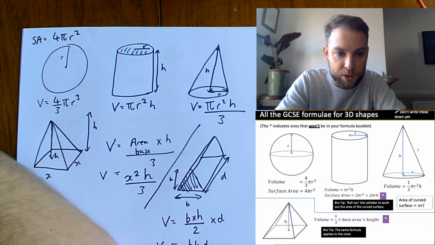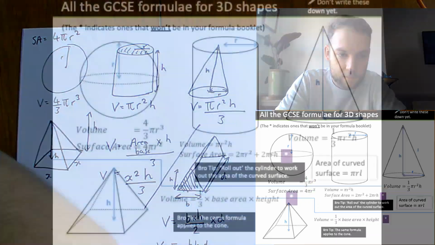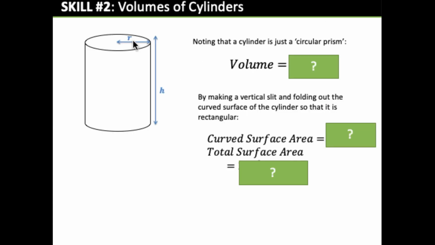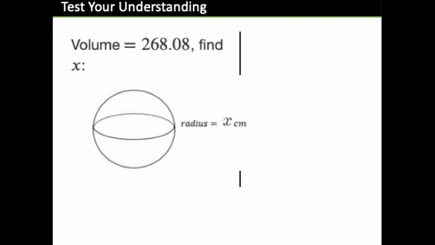So this one here would be a little bit trickier. So you'd find the curved surface area, which is pi RL, so pi times R times L, and then you would need to add the area of the bottom, which is pi R squared. That one there's a little bit trickier. They are quite tricky, those.